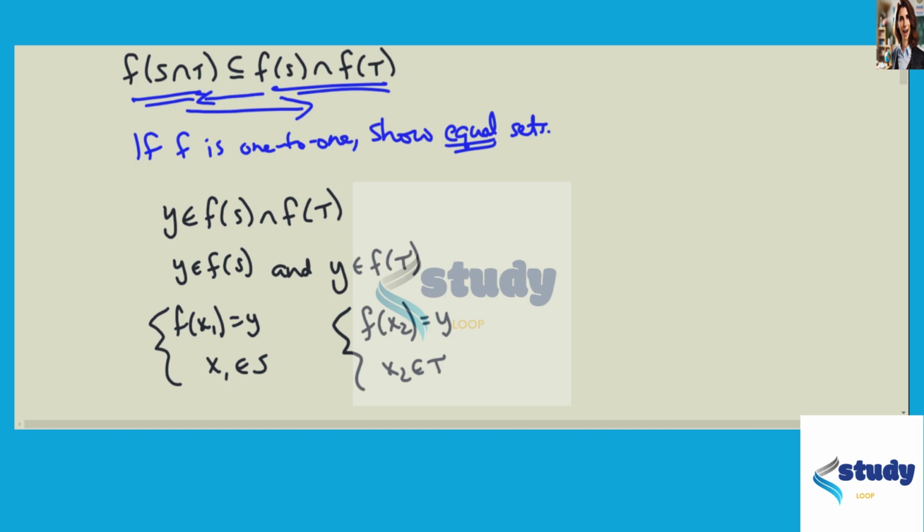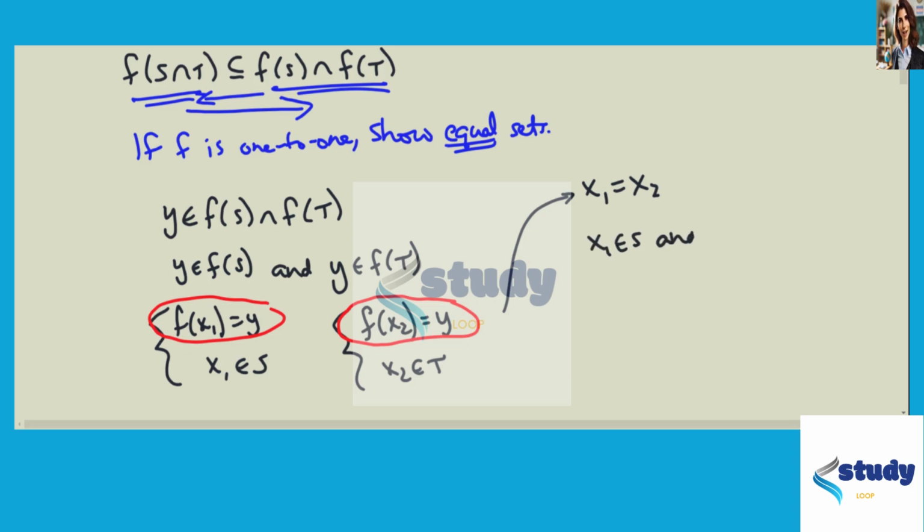Well, if f of x sub 1 is y, and f of x sub 2 is y, and this is a 1-to-1 function, that means that x sub 1 has to equal x sub 2. So this x, we'll just call it x sub 1.